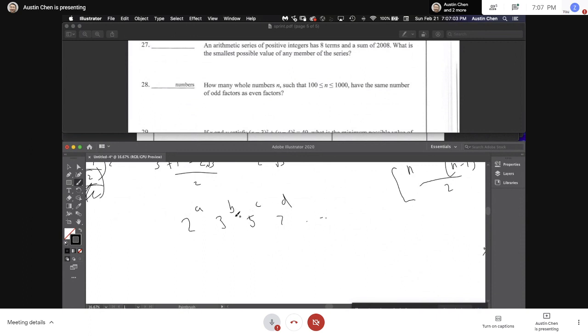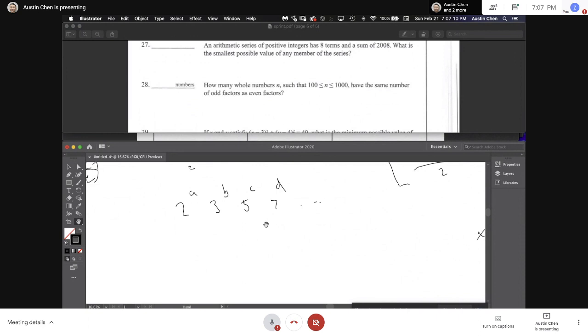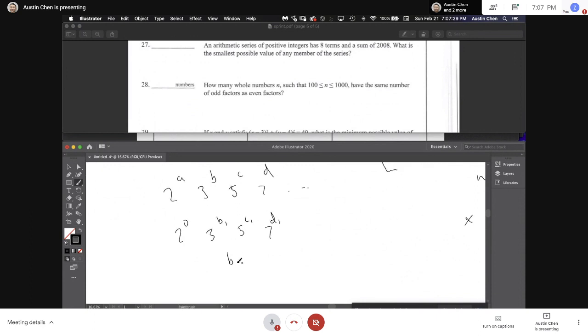We can create odd factors of n by having 2 to the 0 times 3 to the b1, 5 to the c1, 7 to the d1, and so on, as long as b1 is less than or equal to b, c1 is less than or equal to c, d1 is less than or equal to d, and so on.